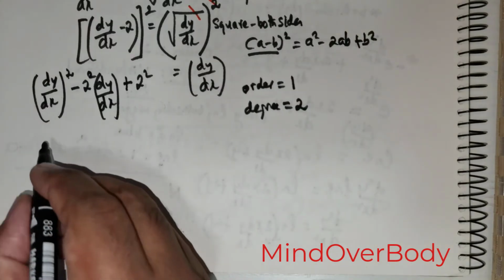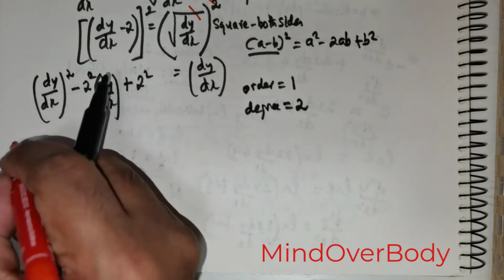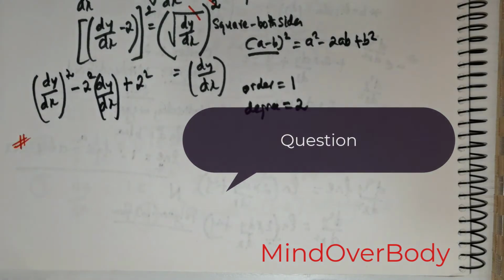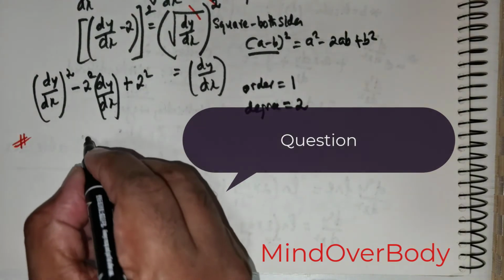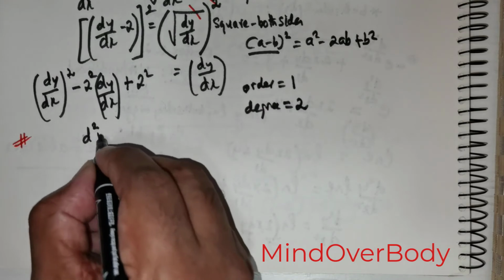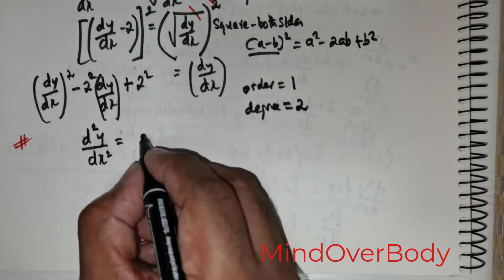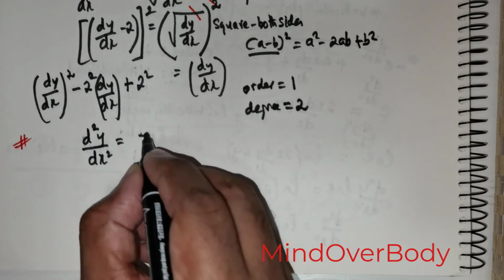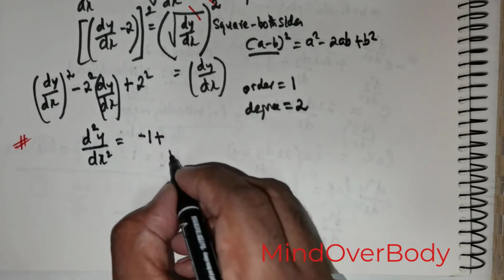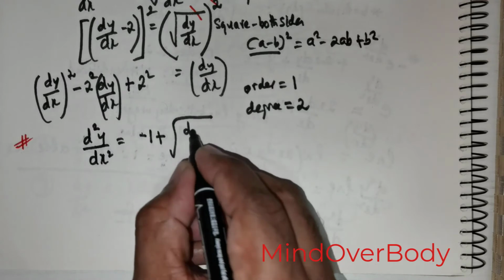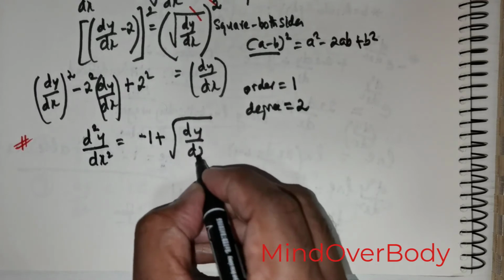Now if in case they give another variation, say for example, d squared y over dx squared is equal to, say, negative 1 plus the square root of dy over dx.